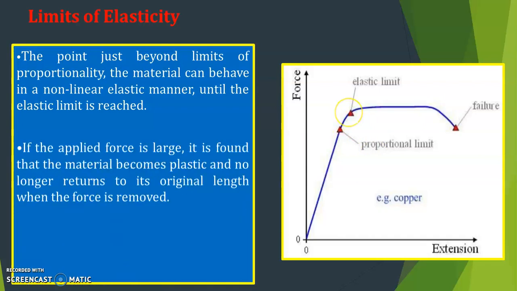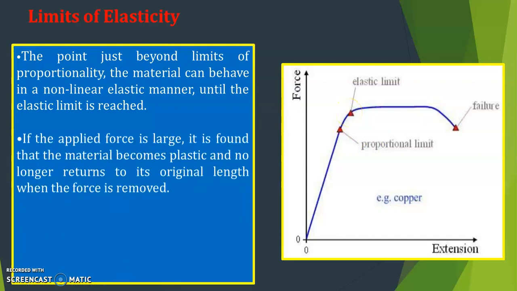Okay, then if the applied force is large, it is found that the material becomes plastic and no longer returns to its original length when the force is removed. This I have already explained in the last classes. If the applied force is large, then the material becomes plastic, which means the material starts deforming.